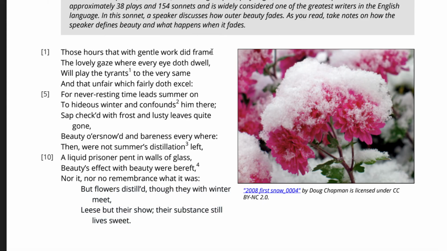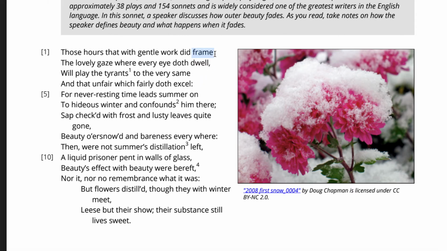Okay, now let's go back to the AB pattern. I told you that your rhyme scheme pattern must be AB, AB, CD, CD, EF, EF, and then your couplet at the end is a straight GG. What that means is your A's have to rhyme and your B's have to rhyme totally with each other.